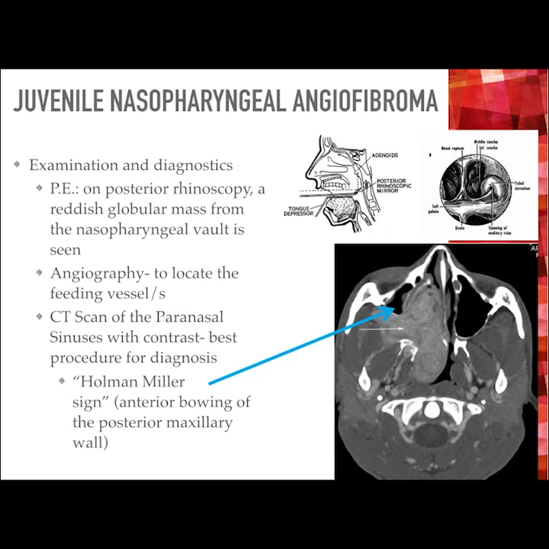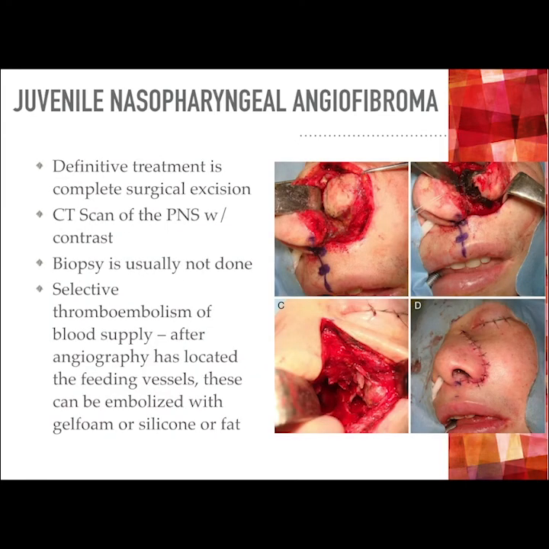Angiography is requested to locate the feeding vessel, and embolization may be performed before the operation. Part of the preoperative preparation is getting a CT scan of the paranasal sinuses, where Holman-Miller sign, or the anterior bowing of the posterior maxillary wall, can be spotted. The definitive treatment is complete excision, usually via lateral rhinotomy.